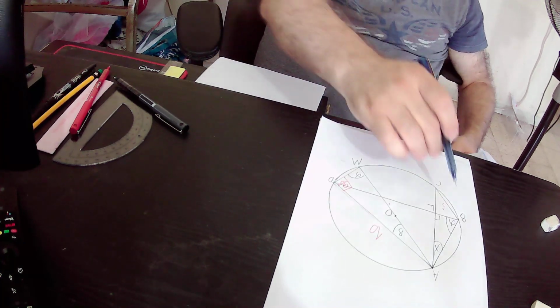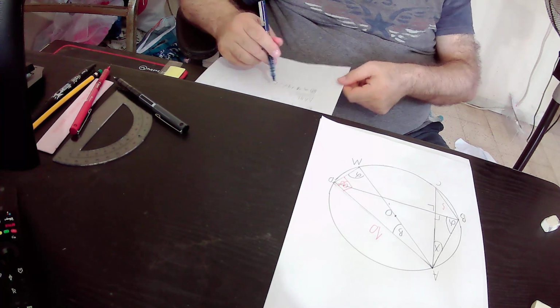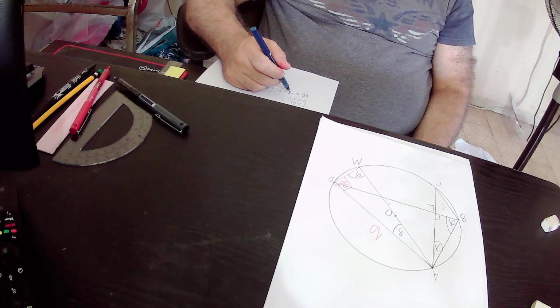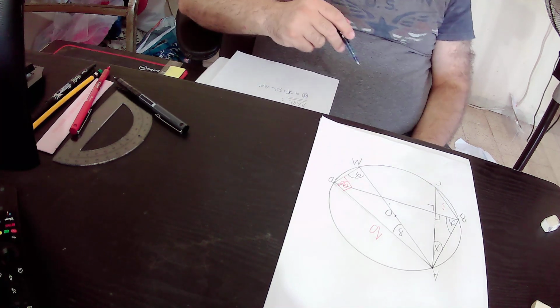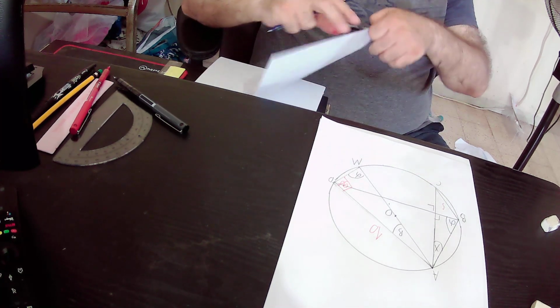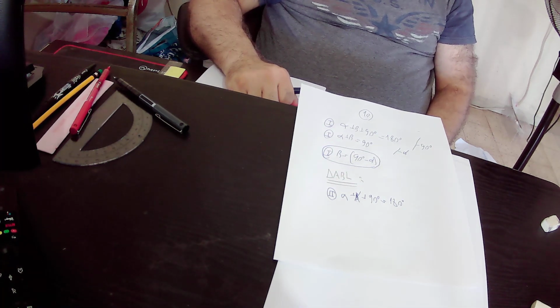So alpha plus x plus 90 degrees equals 180 degrees.